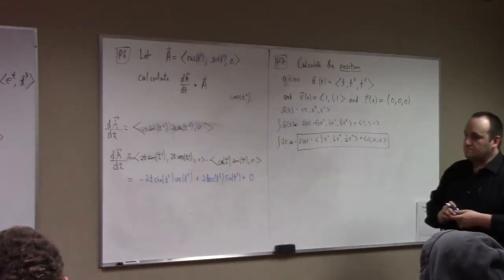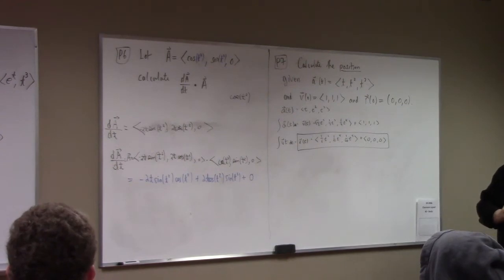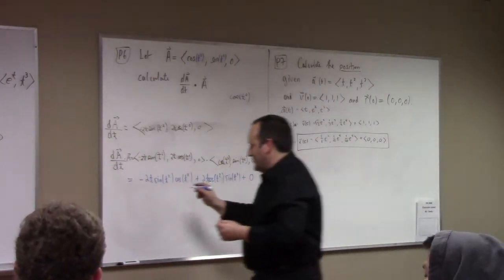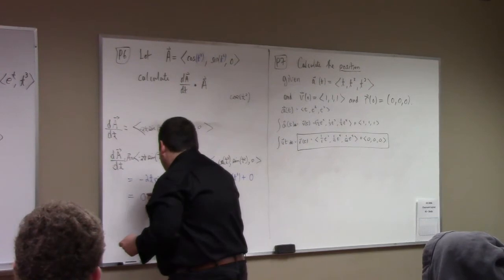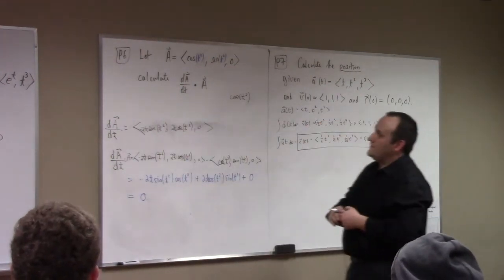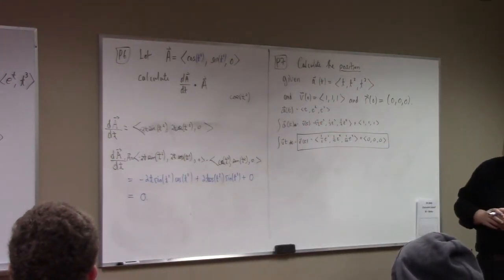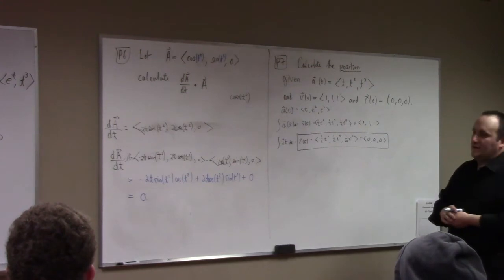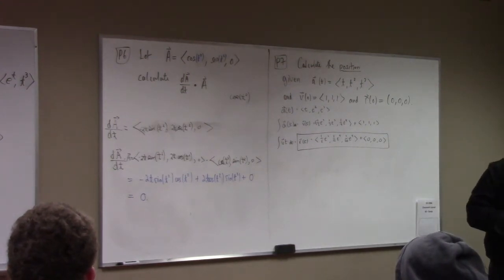What's this equal to? Oh my God, those are the same thing, right? Yeah. So you're working too hard. This is just 0. So this is an interesting vector, an interesting path, if you will, such that the velocity of the path is perpendicular to the position of the path.